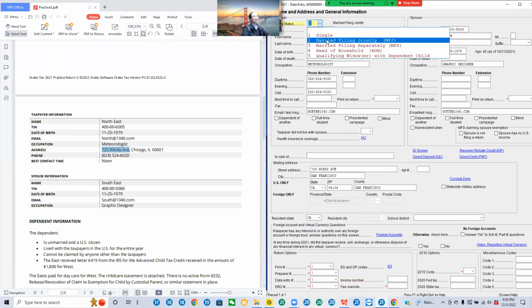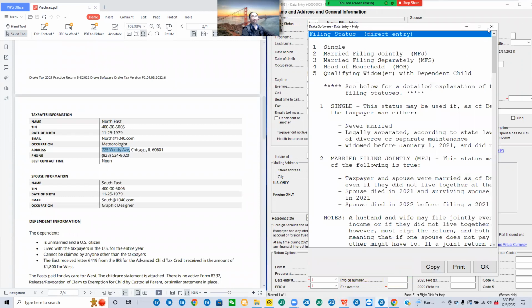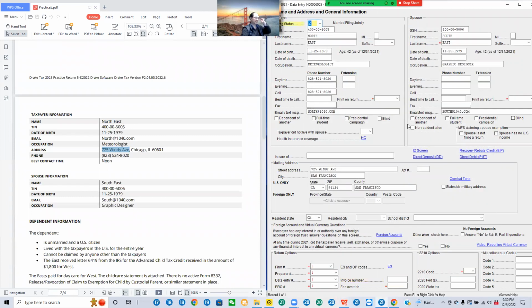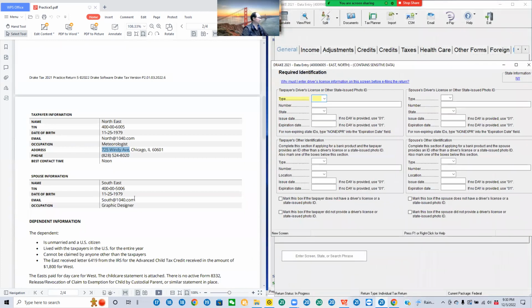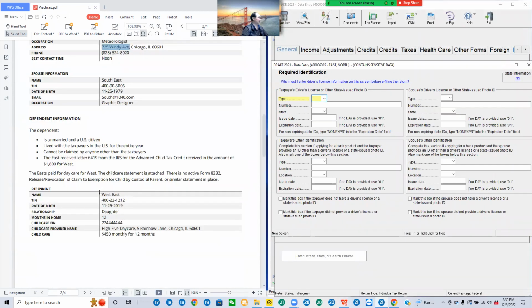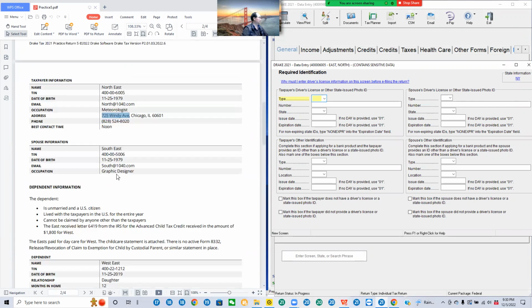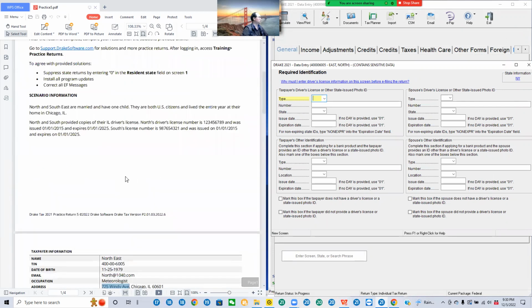Now, this one is verified jointly. We have been learning. And if you have some question, you press F1. Now, the second thing in here is an ID. The information that should be in here is the question.